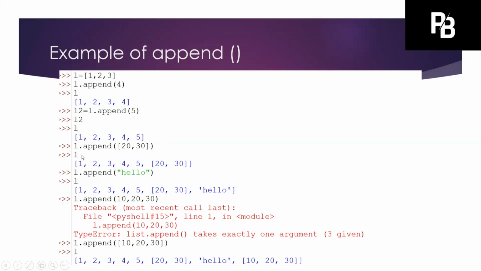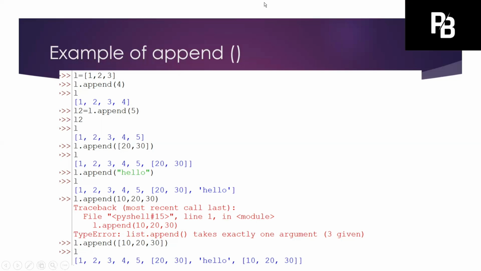Next, if I write L dot append 20 comma 30, that's added. If I write L dot append hello, that also works. But if I write L dot append 10 comma 20 comma 30, it does not work because the append method accepts only one argument.